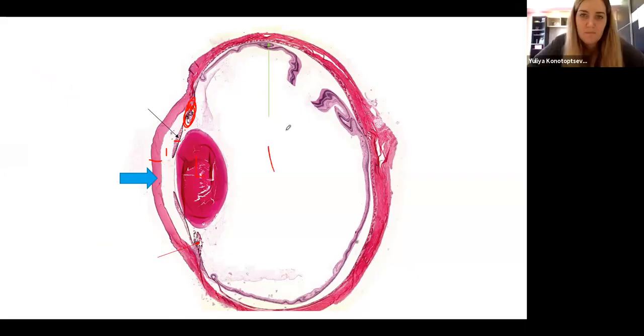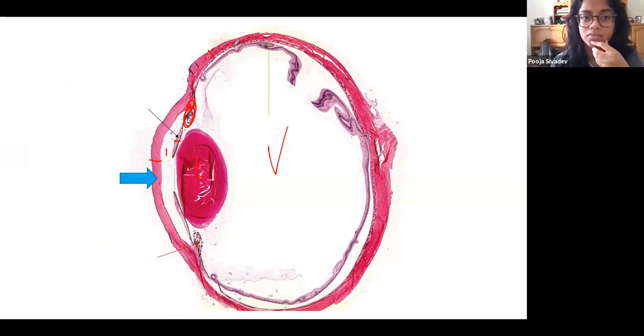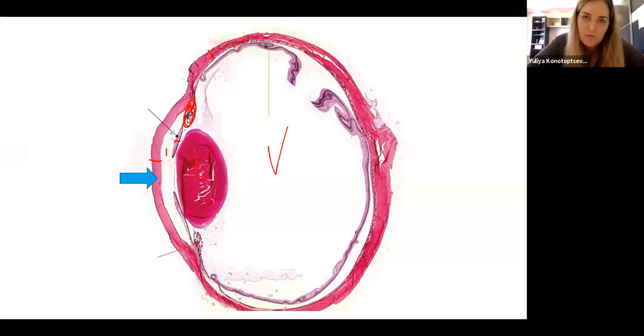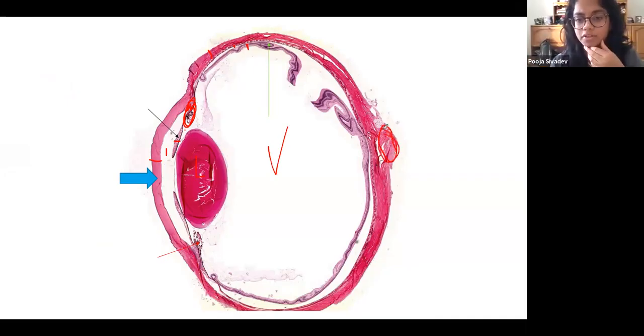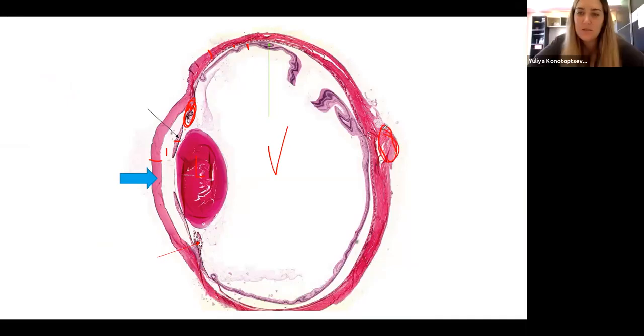What should be here? Vitreous humor. What is here? Sclera. This little layer, choroid, and retina. This is the optic disc, and from here the optic nerve will begin.